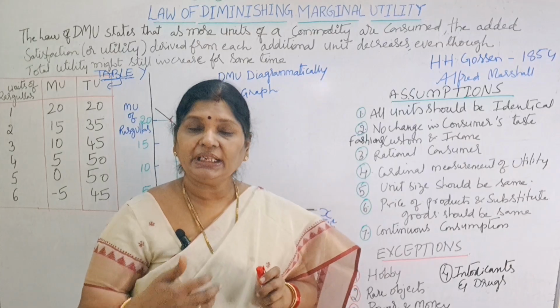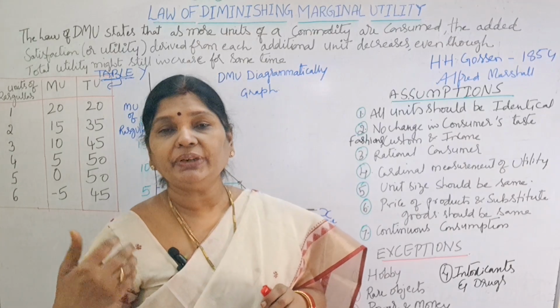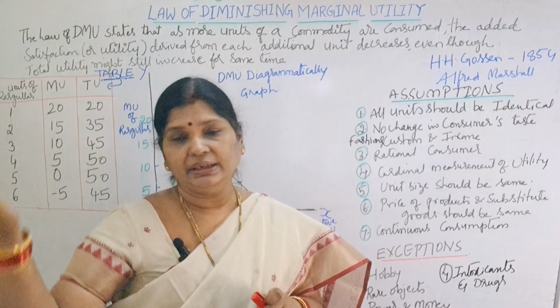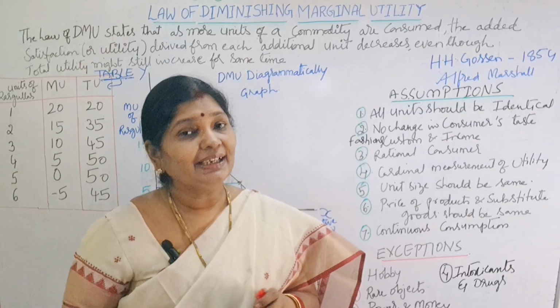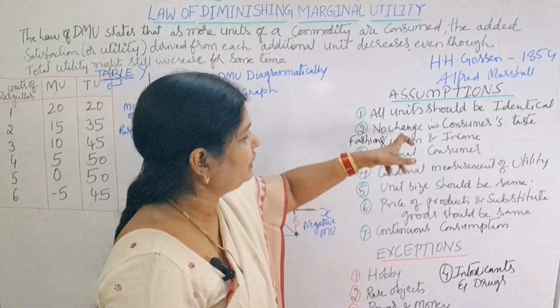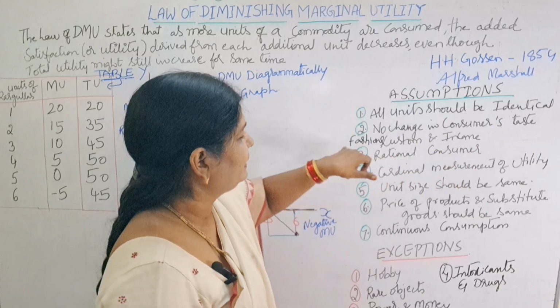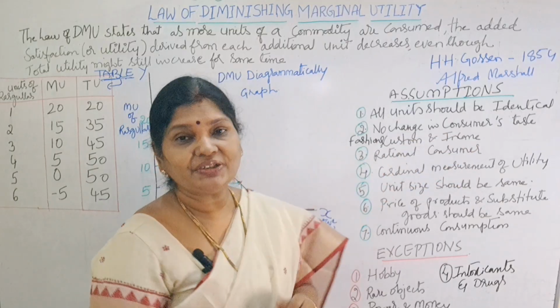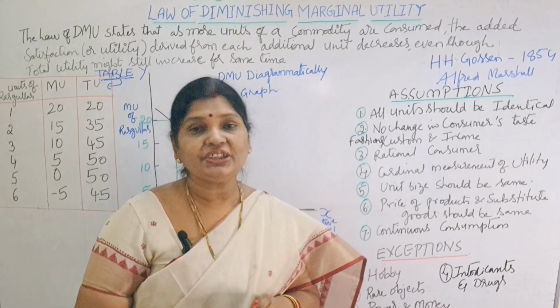Because if at the present level of income he is preferring only some products, but if the income level is rising, definitely his preference will change, right? That is why the second assumption is no change in consumer's tastes, fashions, customs and income. Next, third one, rational consumer. Here the consumer must be rational.